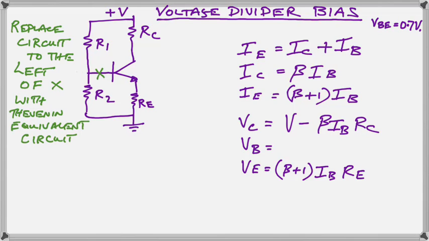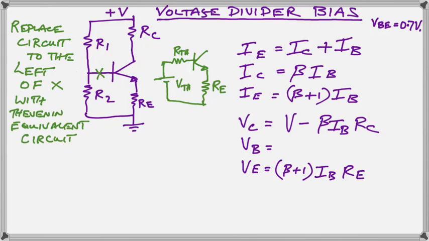Now, if we were to cut the circuit there, or break the wire at that base where I have the X, and replace the circuit to the left of the X with a Thevenin equivalent circuit. I hope you know about that, but if not, you have to do a little research. The Thevenin equivalent circuit produces this configuration.